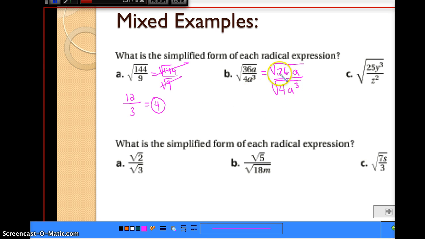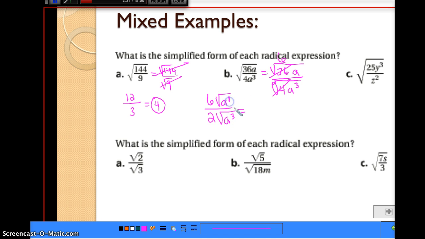I have the square root of 36 divided by the square root of 4. Actually, what's easier, to divide these out and then take the square root? Or maybe we should just take the square root of 36 as 6 and the square root of 4 is 2. So let's do that. We could do it either way. We end up with 6 square root of a and 2 square root of a to the third.